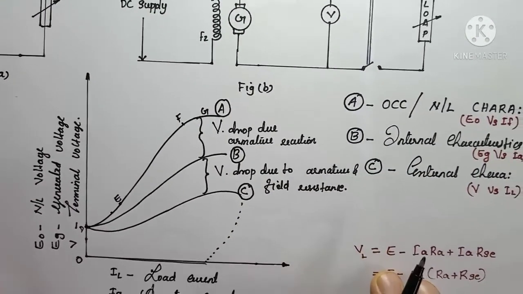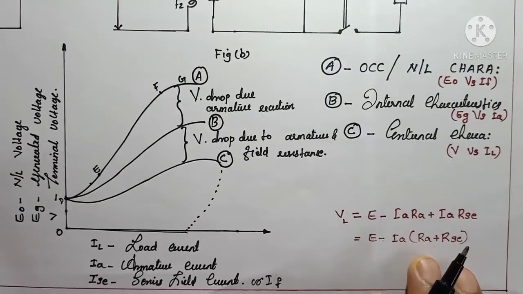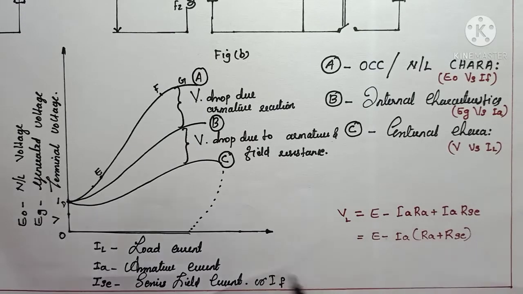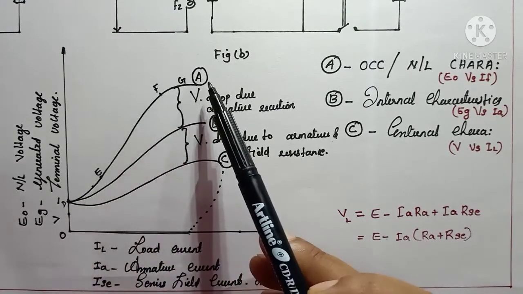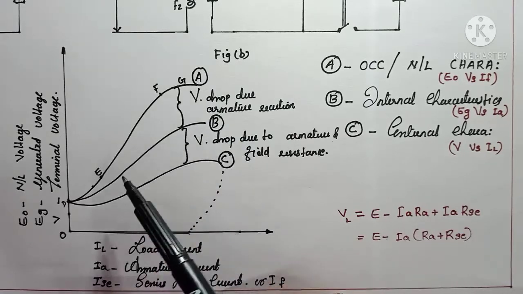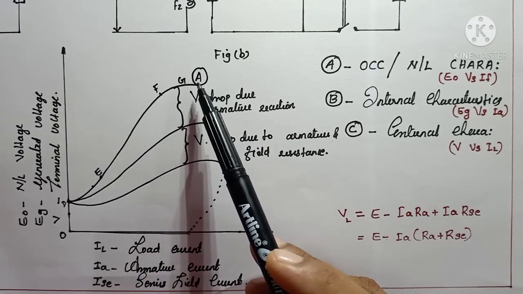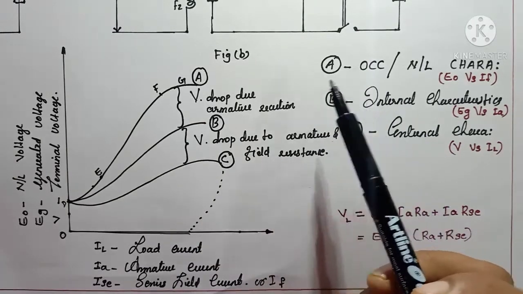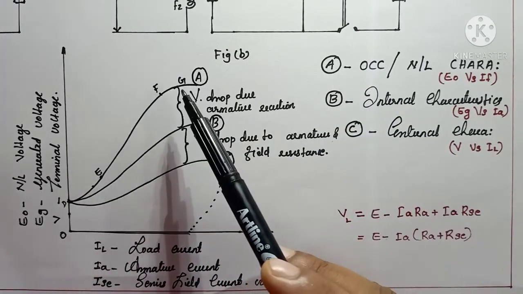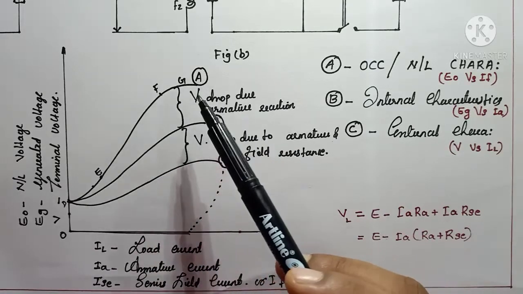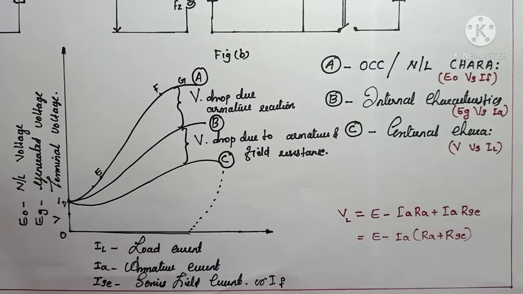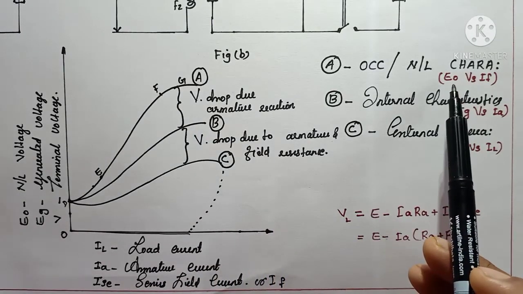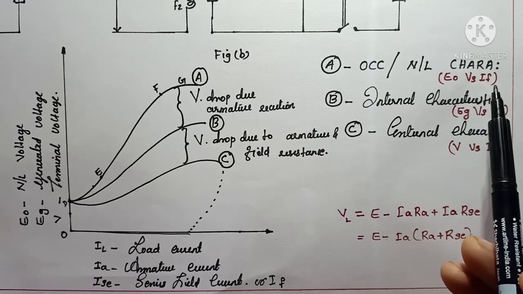In this graph we can see three characteristics, A, B and C. Curve A represents the open circuit characteristics, that is the first characteristic. Open circuit means the load is not connected, and it gives the relation between E0 and IF.